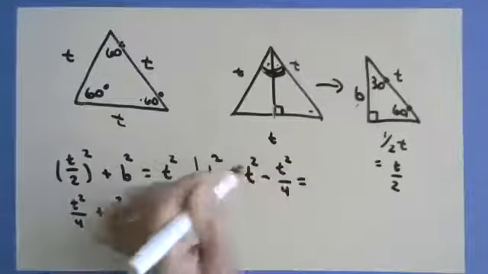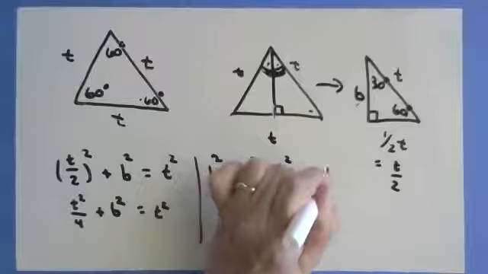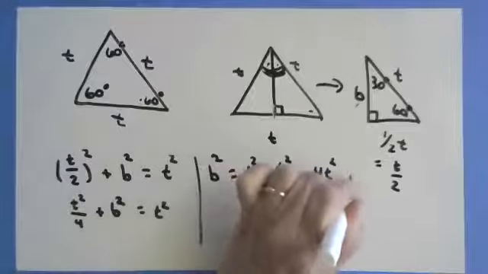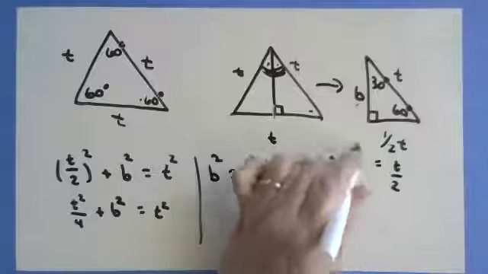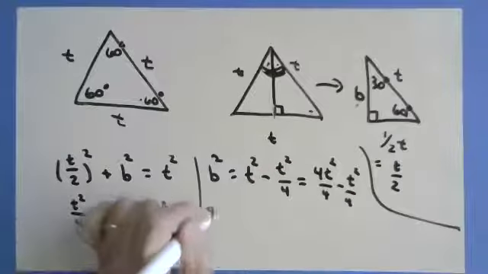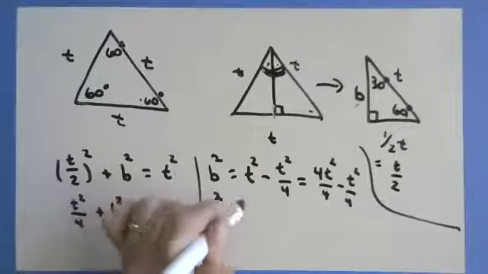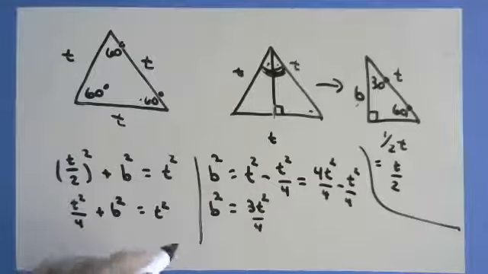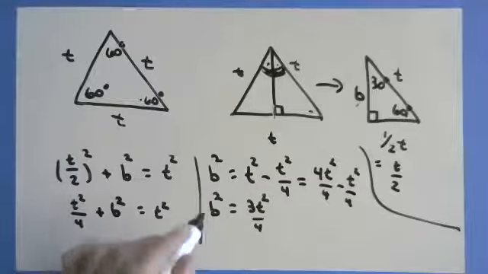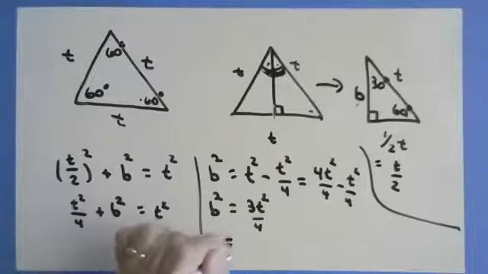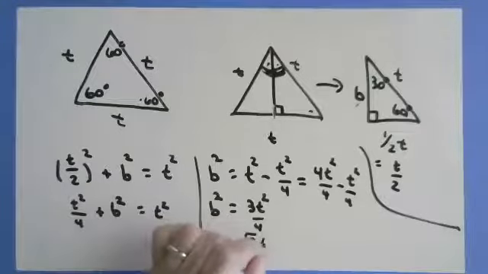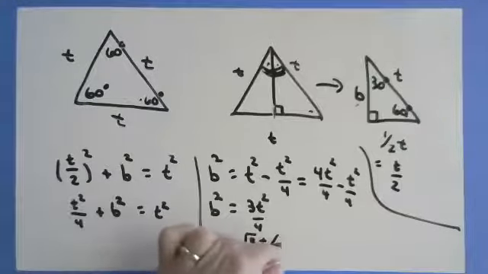Remembering your fractions, this T squared is 4T squared over 4, and I'm subtracting T squared over 4 from it. That tells us that B squared is 3T squared over 4. And continuing with the algebra, B is equal to the square root of 3T over 2.